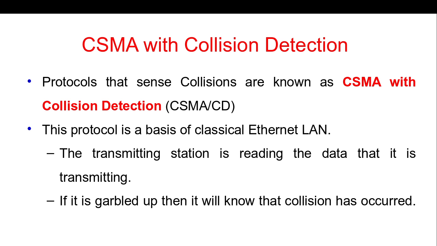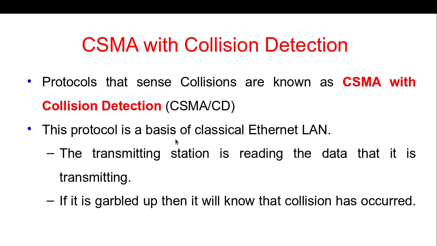But when collisions occur, the frame transmission continues, and this is how bandwidth and time are wasted. So if the stations detect that collisions have occurred, and immediately stop transmitting the rest of the frame, they may save time as well as bandwidth. This is what is called CSMA with collision detection, or in short CSMA/CD.